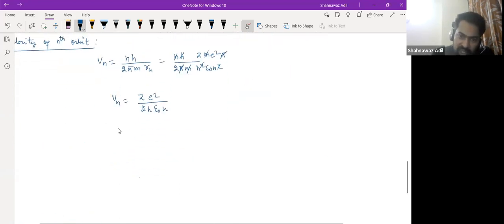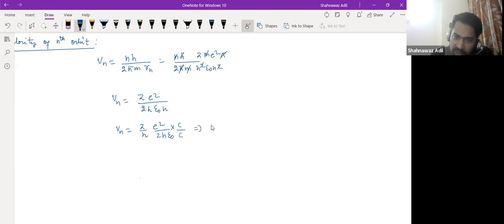So this would be Vn, and if we take this Z by N to the other side, this is E square by 2H epsilon naught. And if we multiply it by C divided by C, we get ZC by N and this E square by 2HC epsilon naught.